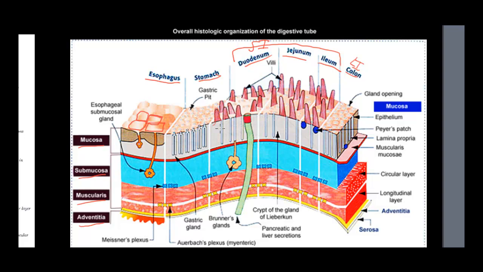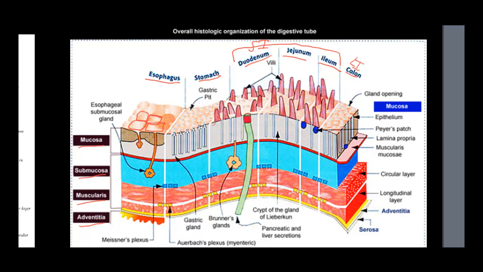They're protecting. So the epithelial layer along the GI tract changes according to what's the function at that point.